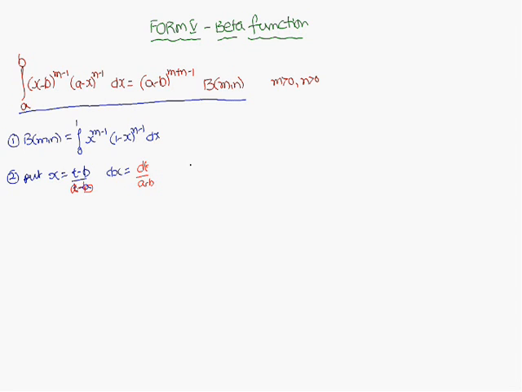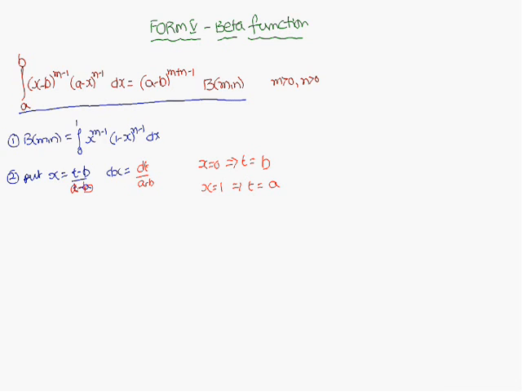Similarly, if you go for the limits, x is equal to 0 implies t is equal to how much? x is equal to 0 means t is equal to b. So x is equal to 1 means t is equal to how much? x is equal to 1 means cross multiplication, a minus b plus b, so you are going to get a.